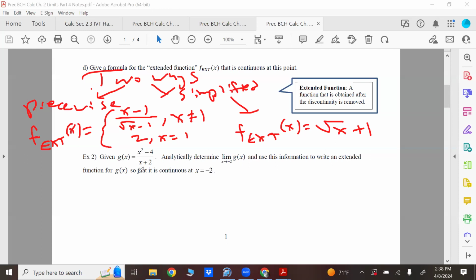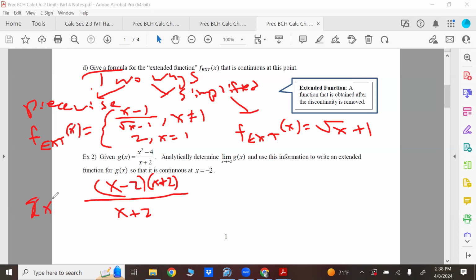So we're going to see something similar for this one here. I would factor the top. Only for the point discontinuity, we have a hole, right? Good question. So you can write g of x like this.